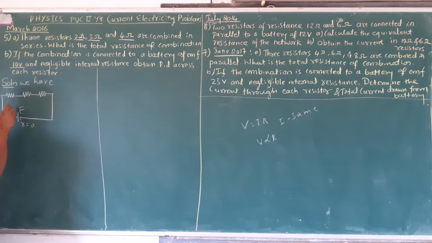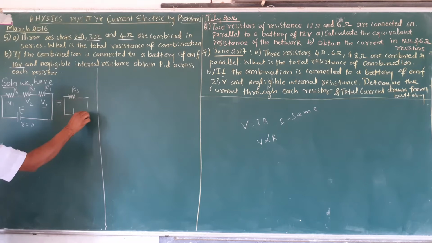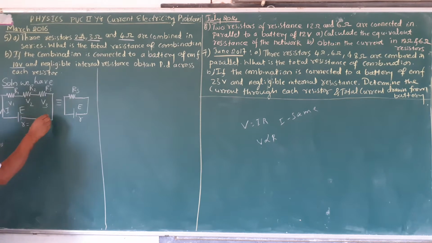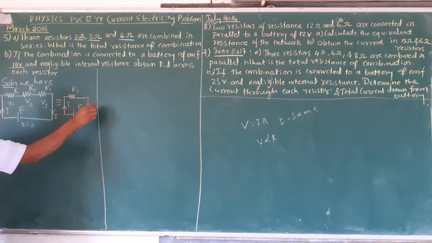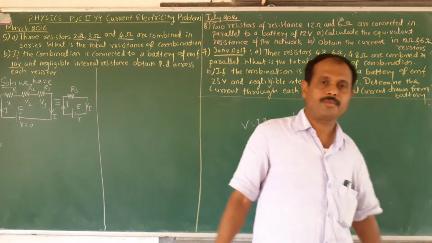The potential drops are V1, V2, V3 across resistances R1, R2 and R3. The equivalent circuit has RS and the cell with EMF and internal resistance. The main current is I, and the current flowing through each resistor is the same in a series combination.